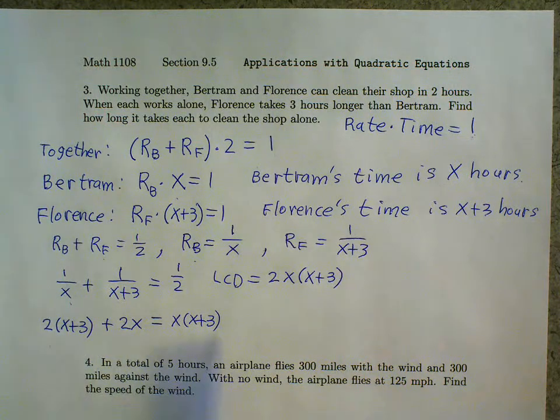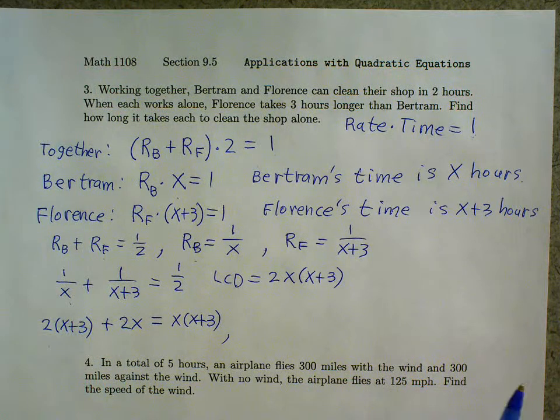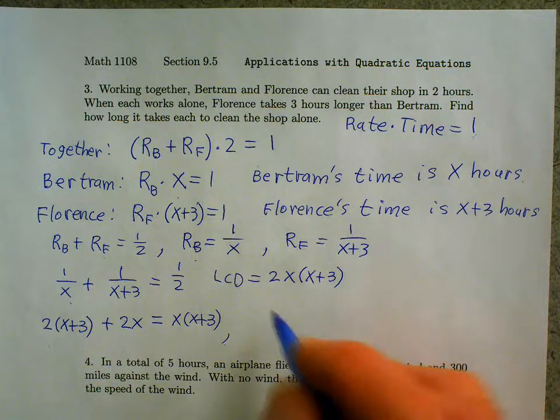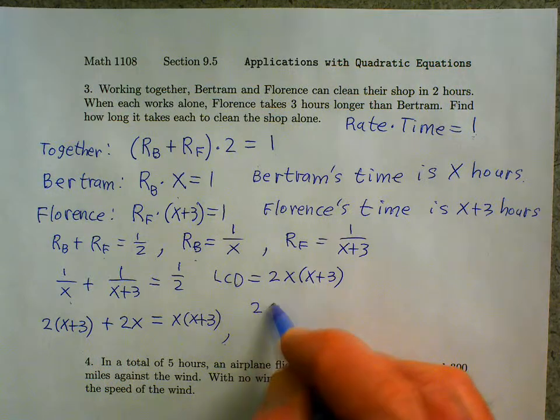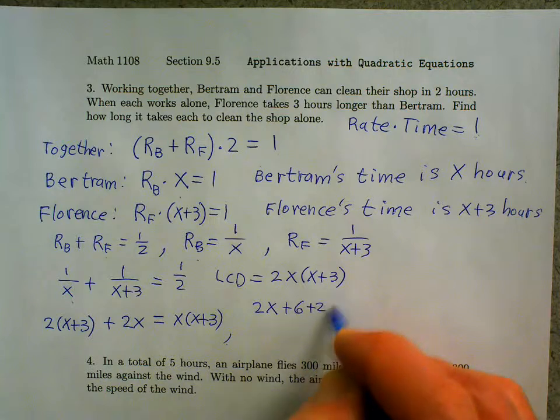What we have is a quadratic equation. So we'll apply the distributive property of multiplication over addition twice, combine like terms and set one side equal to 0. And then at the very least, we can use the quadratic formula. So on the left-hand side, 2 times x plus 3 is 2x plus 6 plus 2x.